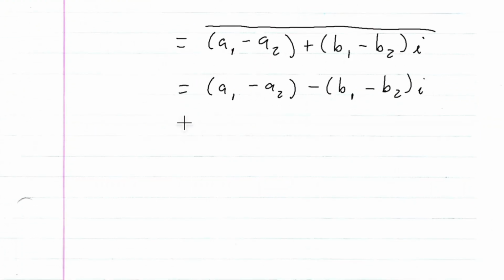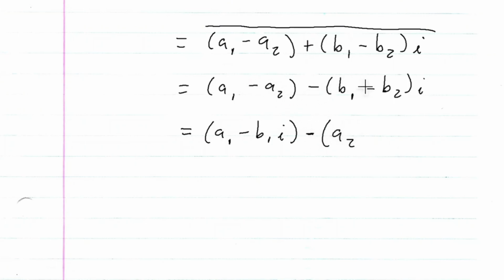Okay, so this is going to be equal to a1, let's see, so negative b1i, so minus b1i. And then this one is a little tricky. So we'll do minus a2, because negative a2, if we distribute that negative.